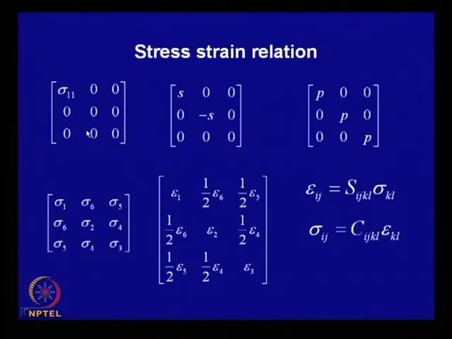You can also have a situation where the stress is, say, S and this component is minus S. This type of stress represents a case of pure shear. What does this mean? It means there is no tensile component, it is shear, and later on we will see it is this shear stress component which is primarily responsible for causing plastic deformation in pure metals or crystals.